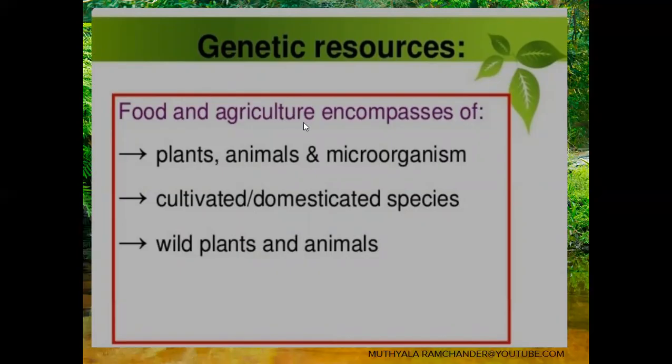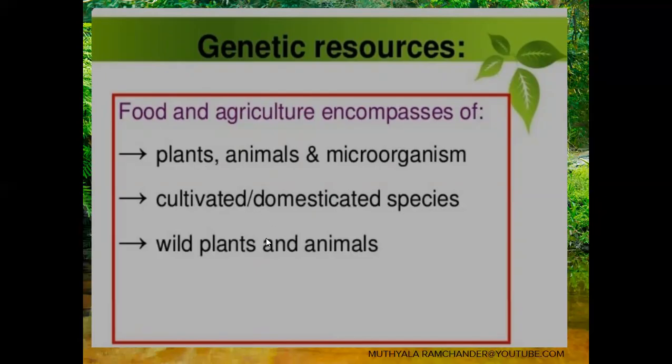In the economic importance of agricultural biodiversity, we cultivate different types of plants, animals, and microorganisms. They are cultivated as normal cultivated plants or domesticated species, and wild plants and animals.